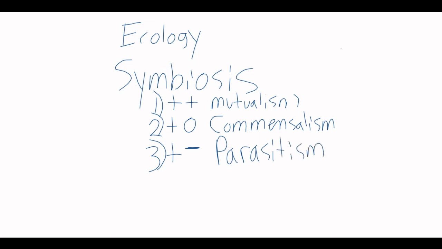So remember, the questions on the test are going to give you a scenario. One or two sentences about two organisms, and you have to decide, is it good for both organisms? Is it good for one but it has no effect on the other? Or is it good for one and terrible for the other? Okay? So, and you'll have to identify those. Alright, next, there are other relationships or interactions between organisms.